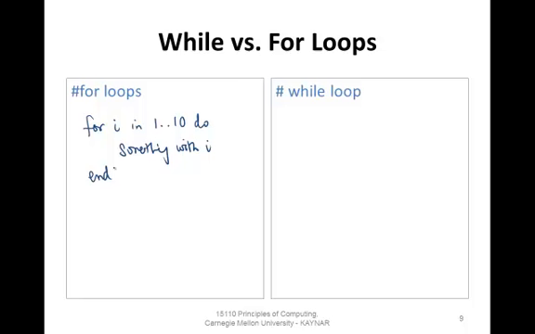The way this loop works is that in a for loop, this is the start index and this is the end index. So the loop starts from the start index and sequentially increments I by 1 until it hits the end index. So essentially this can be expressed as a while loop.